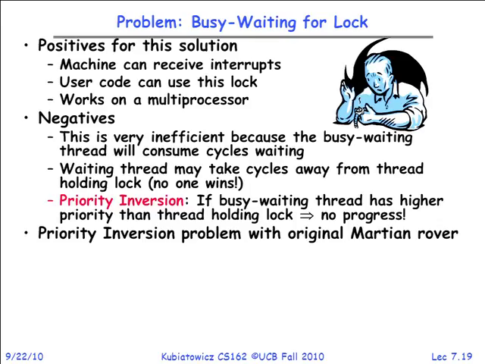Well, there was a data collection thing that was trying to grab the bus, and it was waiting on something lower priority that had the bus and was going to release it. And then there was something else spinning at slightly higher priority than the thing that had the bus, and it would lock up. So there are three threads: a high priority thing that really needed to run, a low priority thing that had the bus, and a medium priority thing that was spinning.